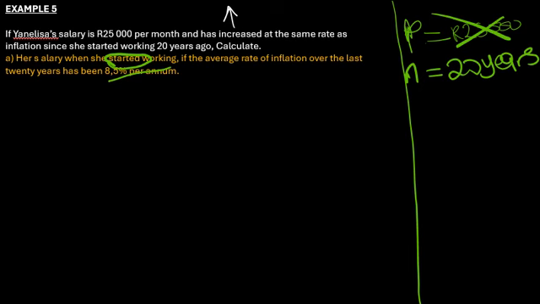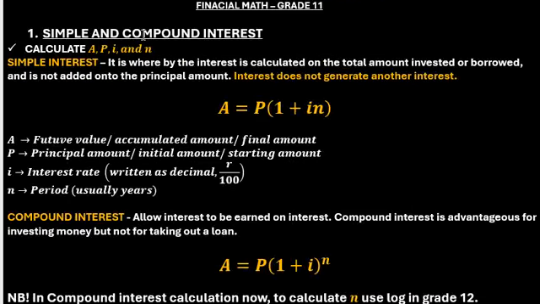Let me show you this thing that I'm talking about. You can see here, this definition of simple interest. A is the future value or accumulated value.